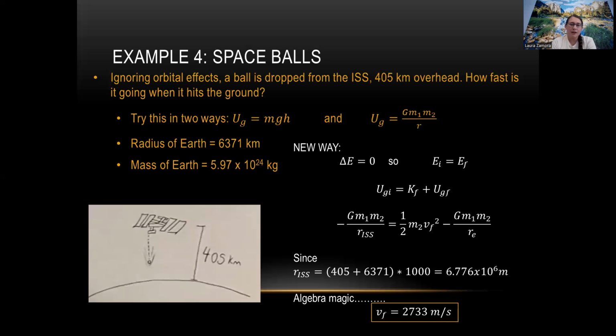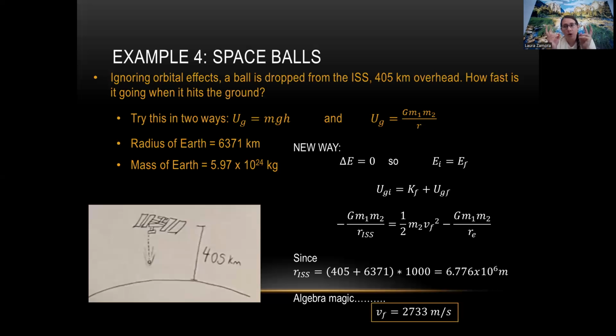And it's also a good way to check your math, because this equation is a little bit more complicated looking than the previous one for the old way. So if you want to know if your answer is in the right ballpark, feel free to double check your answer using the old way.